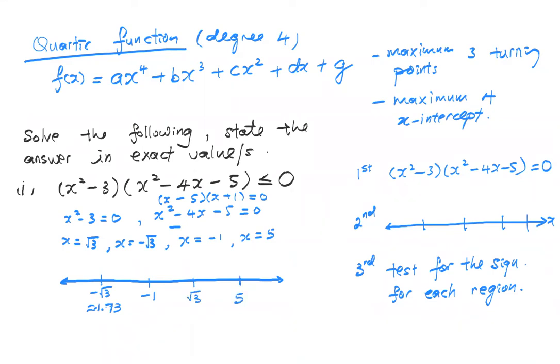Okay, so for this region, I will put in F of 6. So you put your x as 6 into this one. So you will find that you will get the sign as positive. Am I right? So you have to test it out. Okay, you may want to do it now by yourself.